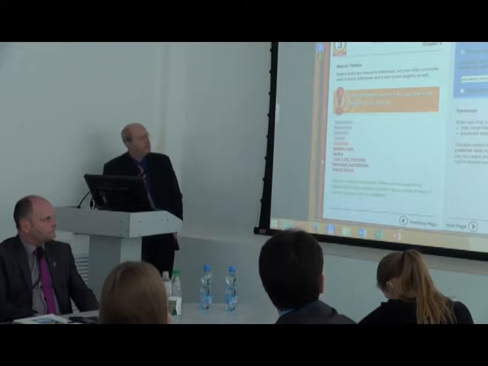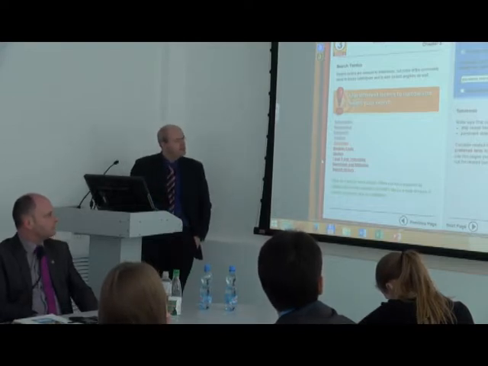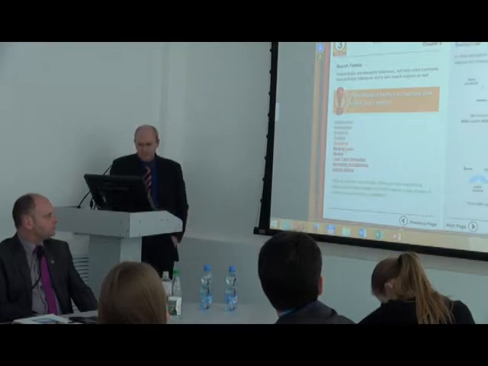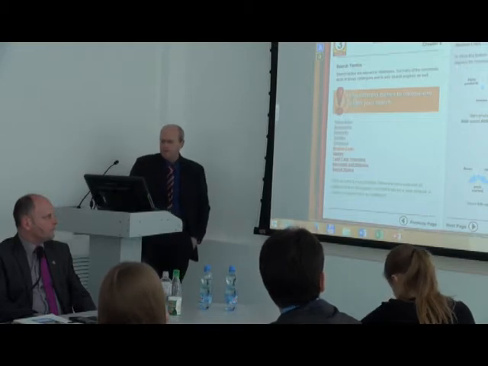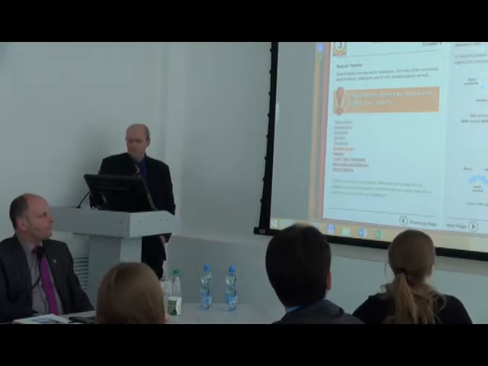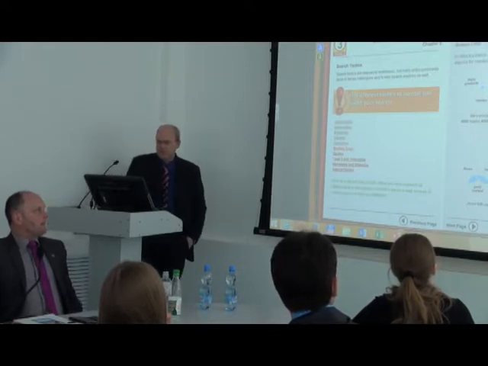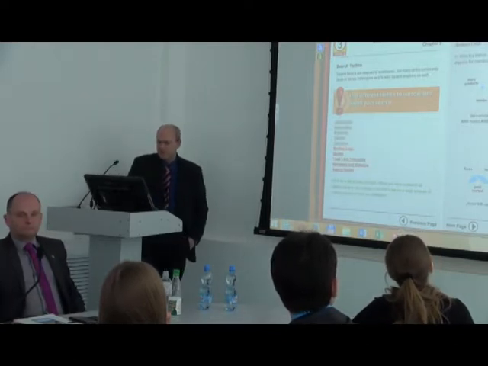Okay, that's just about synonyms there, and using thesauruses and that sort of thing. And then Boolean logic. So in 1854, the British mathematician George Boole invented a simple algebra for manipulating logic.